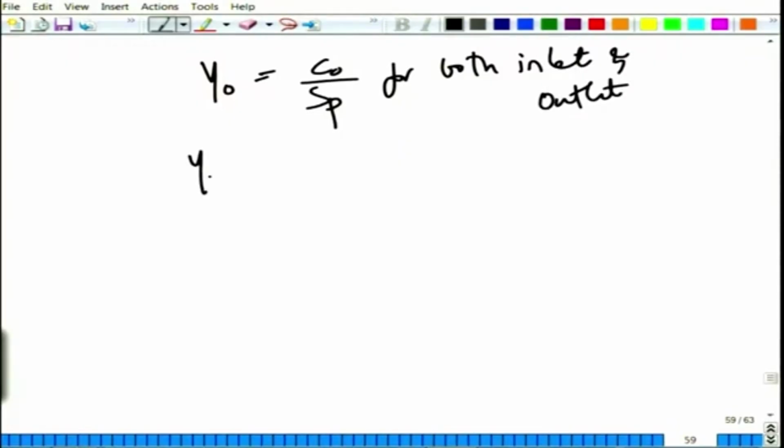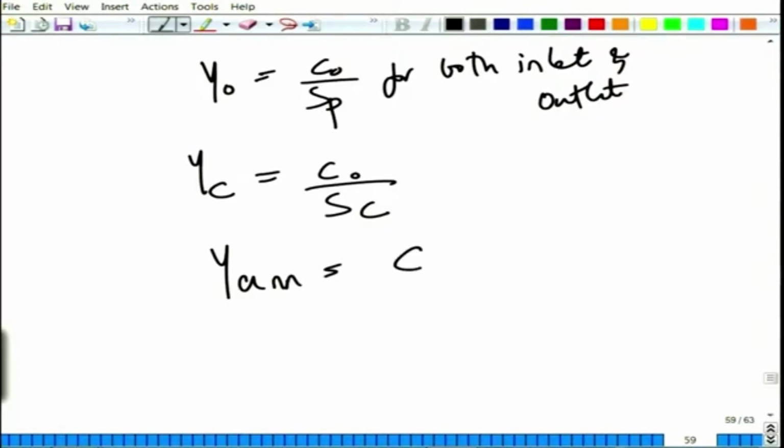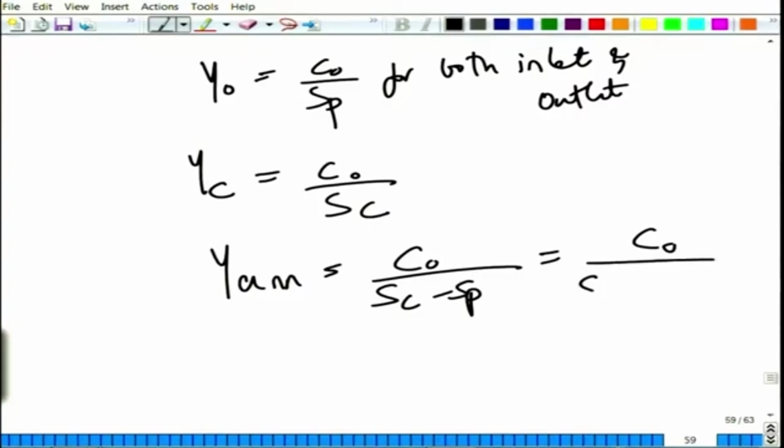Now, for the chamber, what is it? For the chamber, Yc is C naught by S chamber. Keep this aside, and for the annular cavity, since the characteristic impedances of annular cavity 1 and 2 are the same, we get C naught by Sc minus Sp. So, we take Sp common and we get Sc by Sp minus 1.